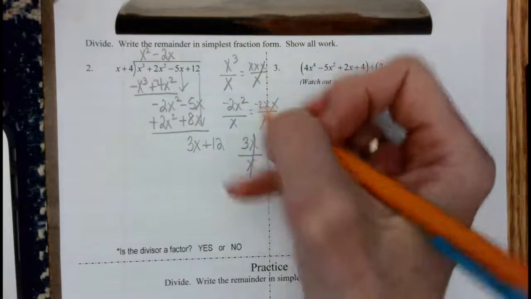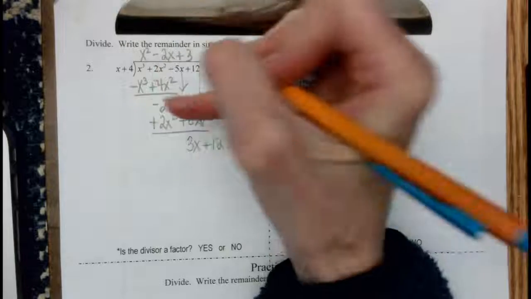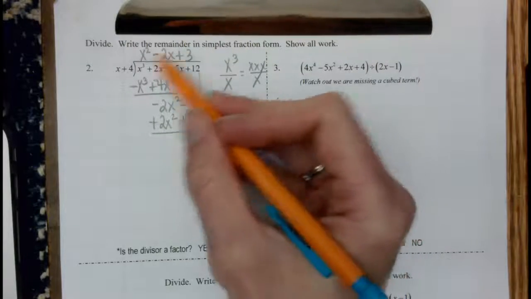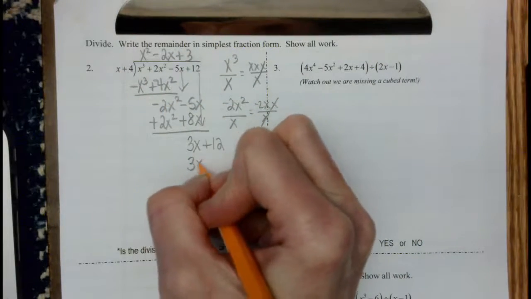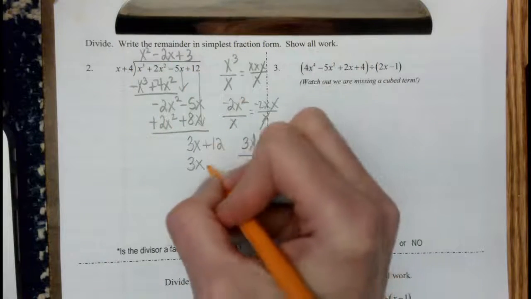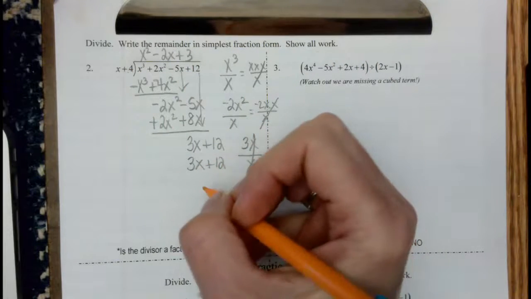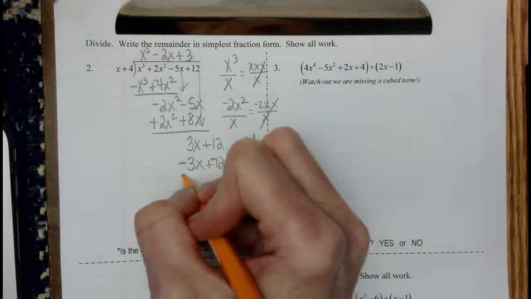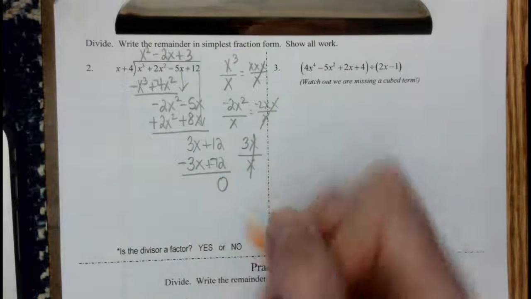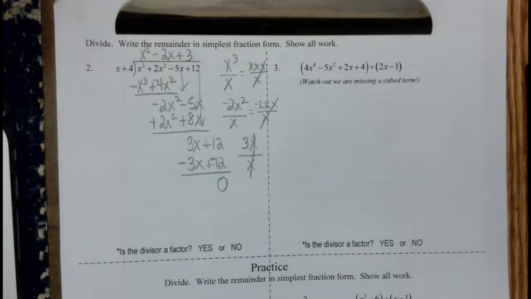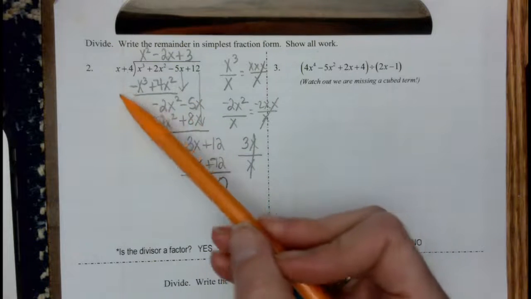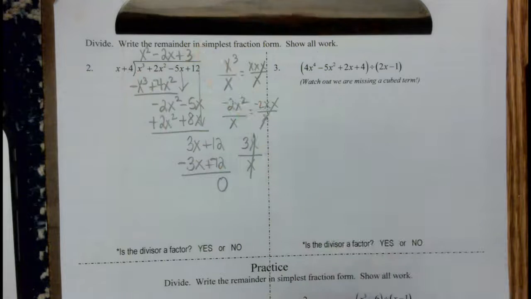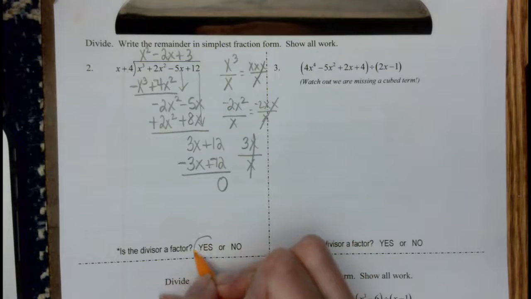It's positive 3x divided by positive x, which is going to give us positive 3. 3 times x is 3x. 3 times 4 is 12. But once again, we need to change both signs. And what happens? We get 0 there. And because we end up with 0, the divisor, which is x plus 4, is the divisor a factor? Yes.